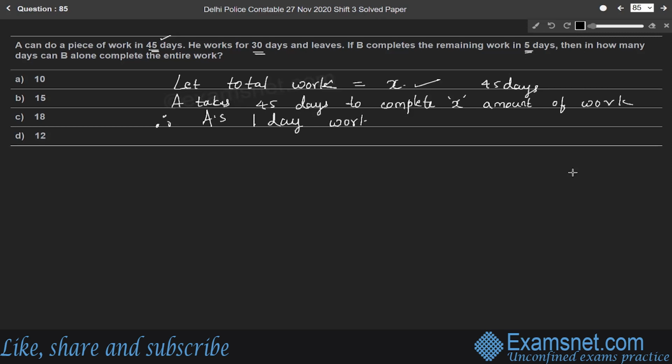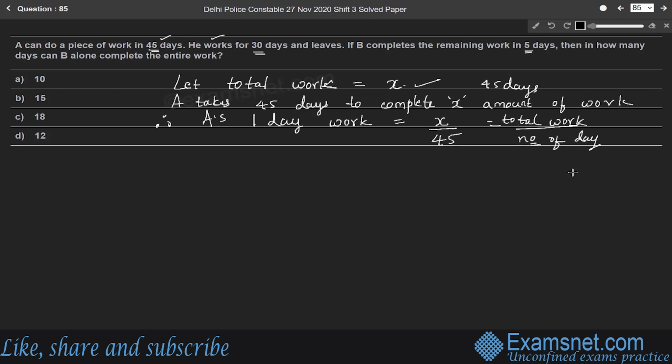So what is A's 1 day work? It is equal to total work divided by number of days. Do you agree? It is total work divided by number of days.